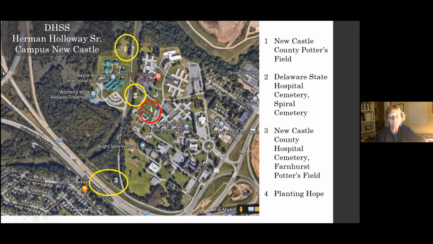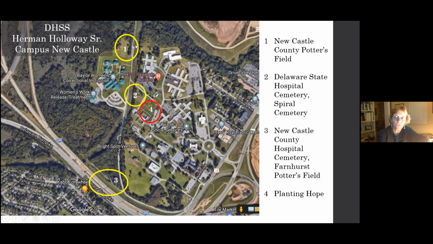On the far left side, my arrow is coming down the I-295 connector, and the arrow follows along, and then you're going to go over the Delaware Memorial Bridge. Up here, going up to the right, this is Route 13, the DuPont Highway that goes north and south. This is the entrance here to the Herman Holloway campus.